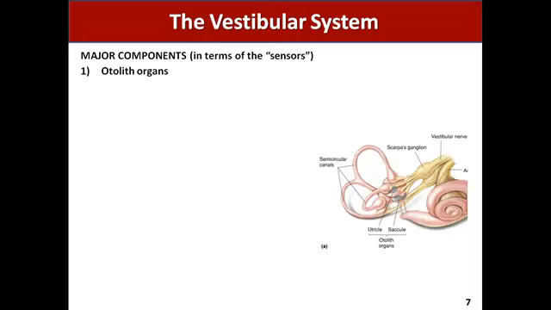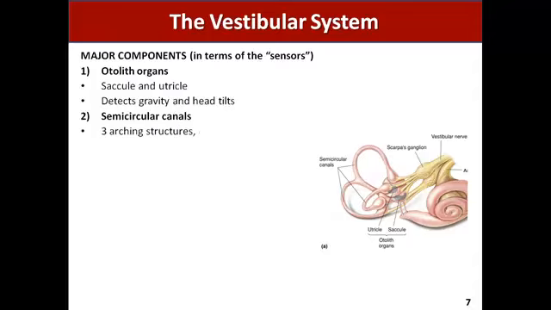In terms of the sensors of the vestibular system, we see that the otolith organs, their function is mainly to detect gravity and head tilts, as we'll discuss shortly. These organs are particularly responsible for detecting linear motions, as opposed to the semicircular canals, which are largely involved in detecting angular motions.